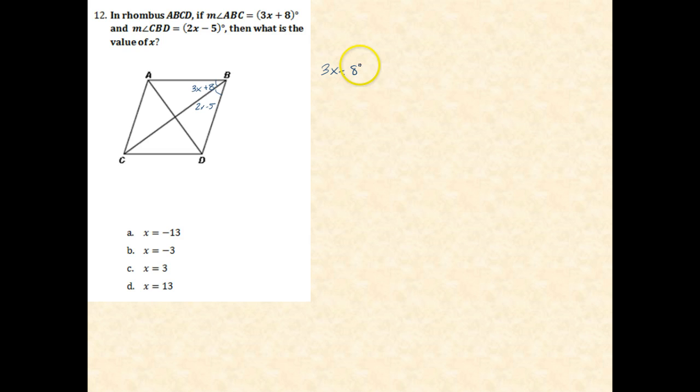So 3x plus 8 equals 2x minus 5. Subtract 2x from each side of the equal sign, and I get x plus 8 equals negative 5. And I subtract 8 from each side, and I get x equals negative 13.